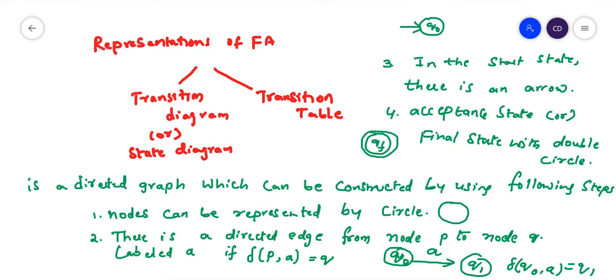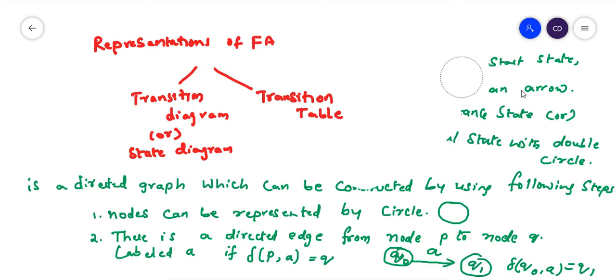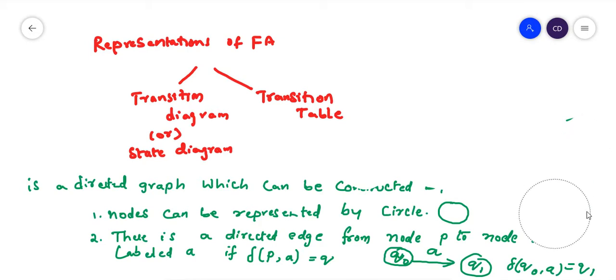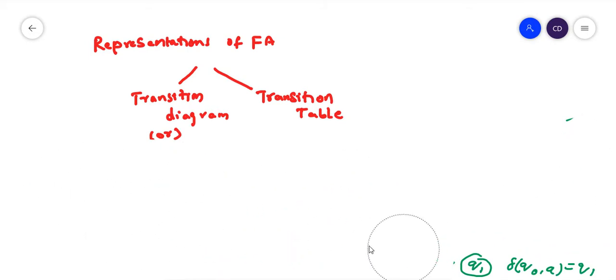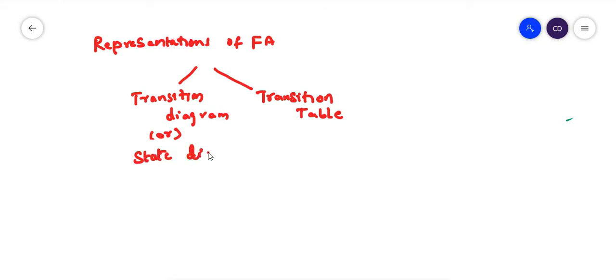Now the second one is the transition table. A table is nothing but a combination of rows and columns.